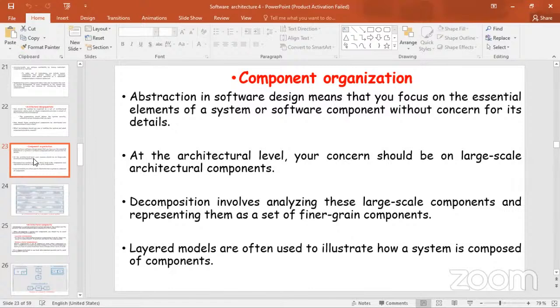So for these subcomponents, you can now develop algorithms for each of them. Then the implementation can also come up. So the composition involves analyzing these large-scale components and representing them as a set of fine-grained components. Now, layered models are often used to illustrate how a system is composed of components.